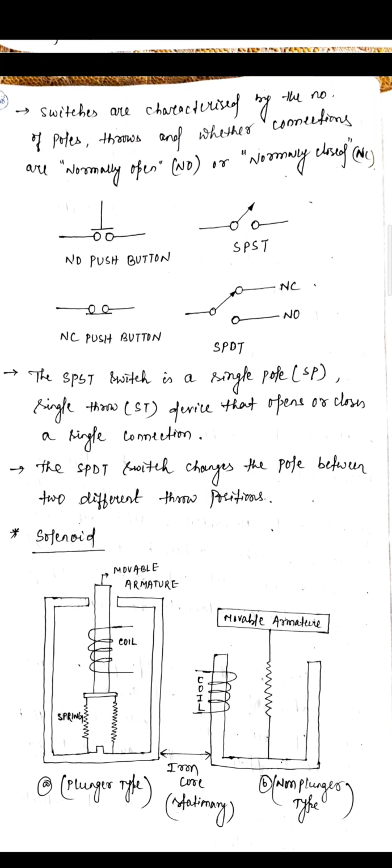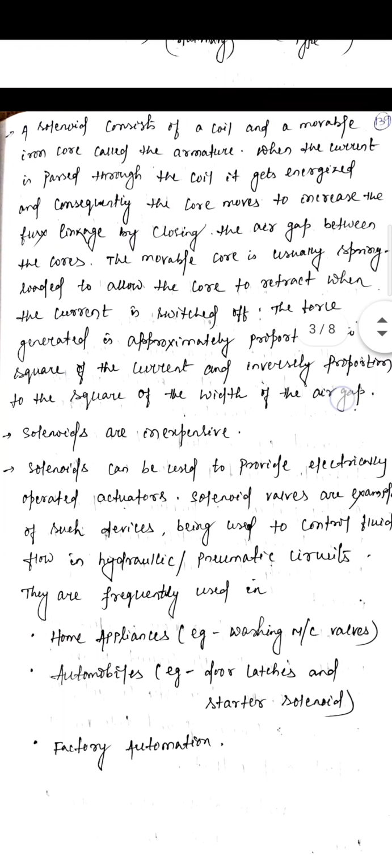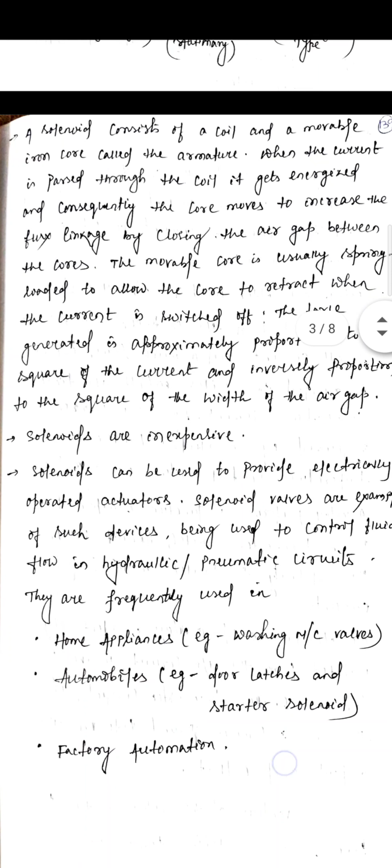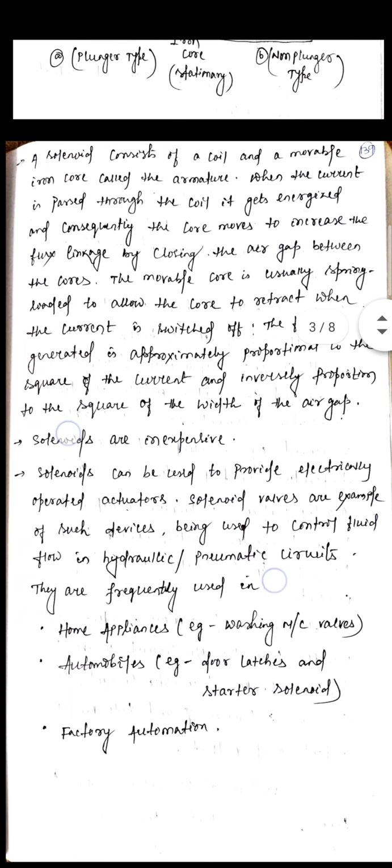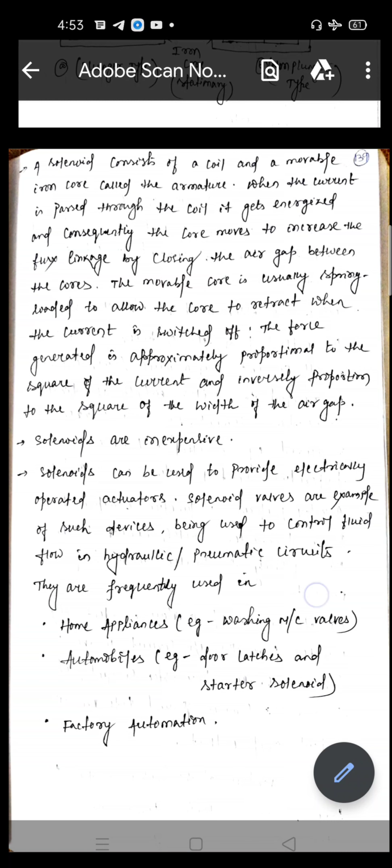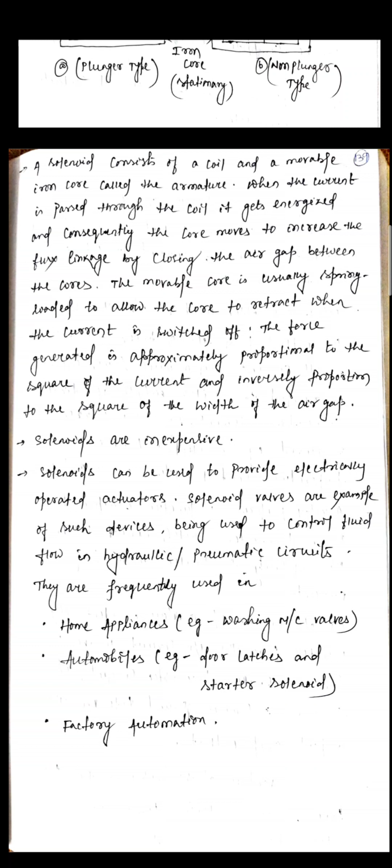Now let's see the discussion. A solenoid consists of a coil and a movable iron core, and the movable iron core is the armature. When current is passed through the coil, it gets excited, and consequently the core moves to increase the flux linkage by closing the air gap between the cores.